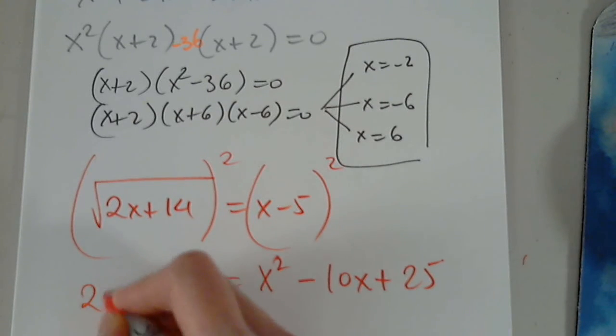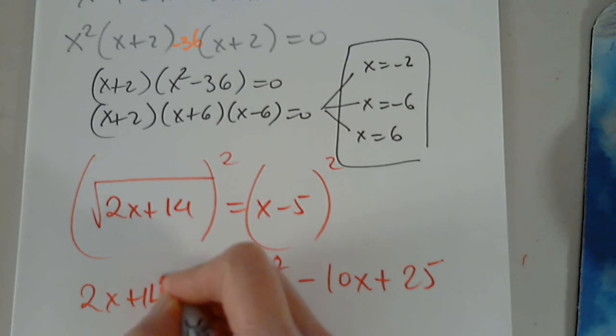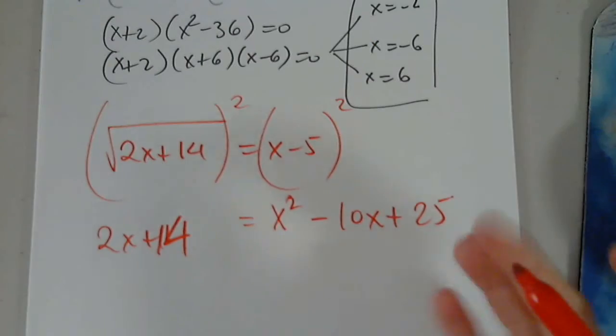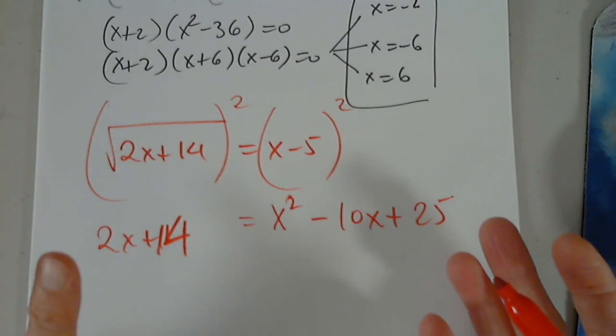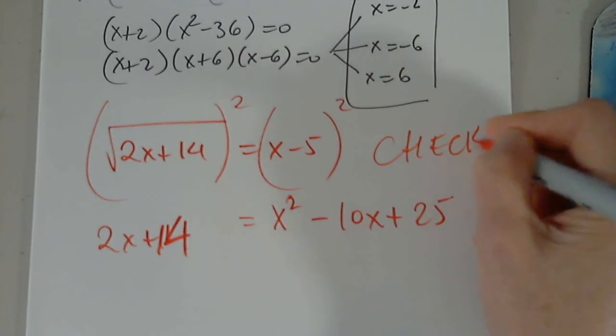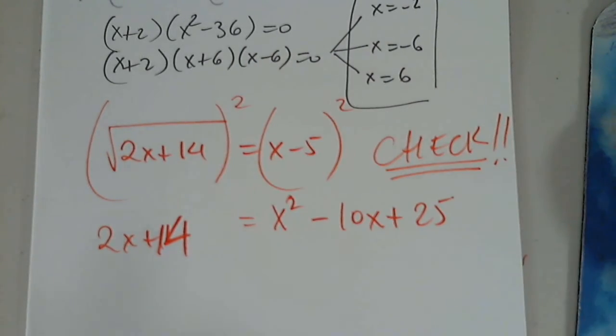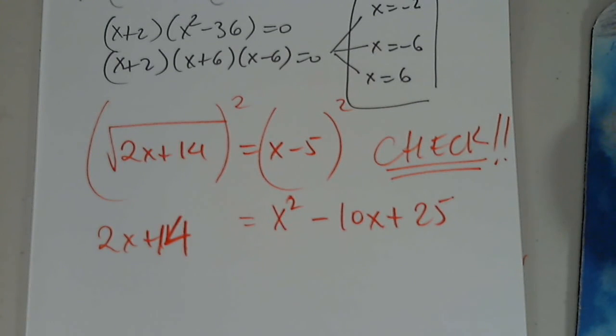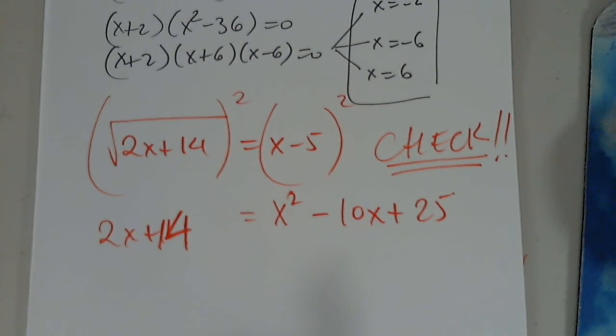The left-hand side is nice, 14. So now I move everything to one side. It's quadratic. I have to come up with 2 solutions. But then I have to go back and check. If I don't check, I cannot get full credit because I squared both sides. And this procedure may come up with false or extraneous solutions.